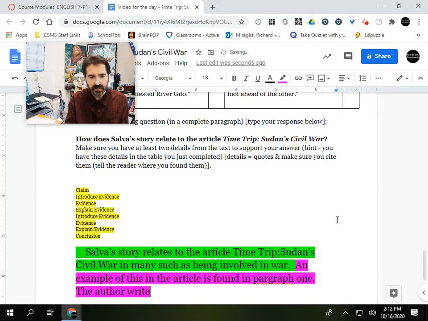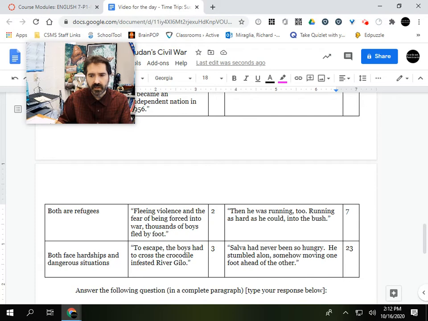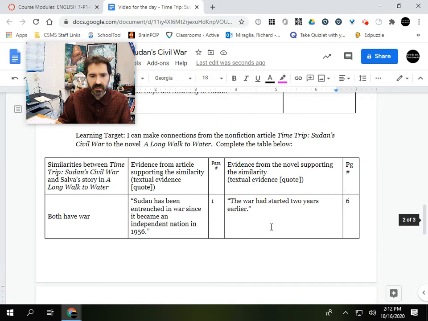The author writes, we don't know who the author is because it doesn't say in the citation. It should, it doesn't. What does the author write? If we look back up to our evidence chart, that's where we can get our evidence from, right? We don't even have to look back to the article. We have it right here.